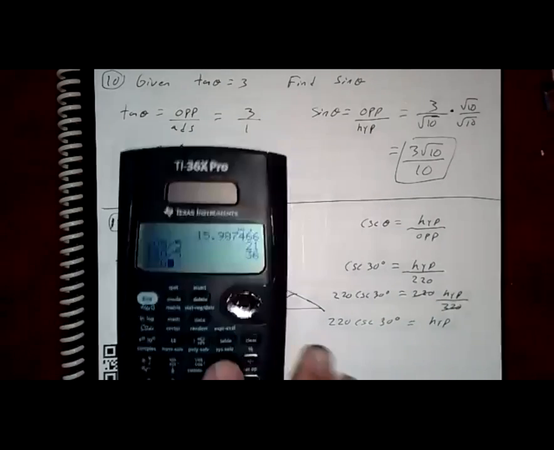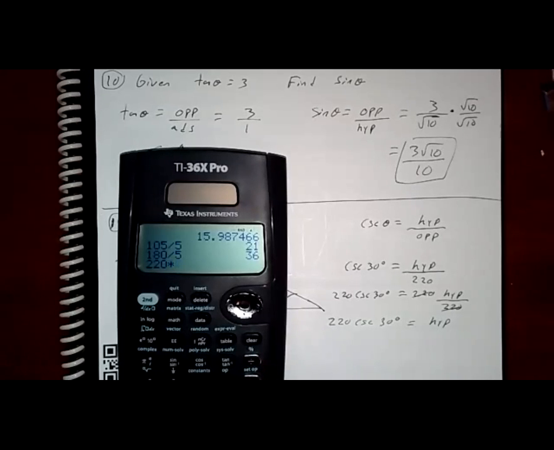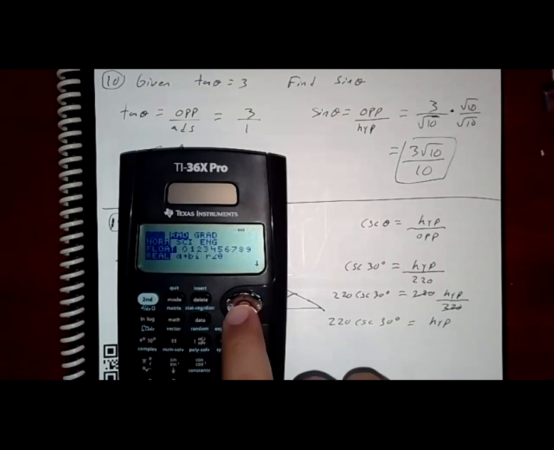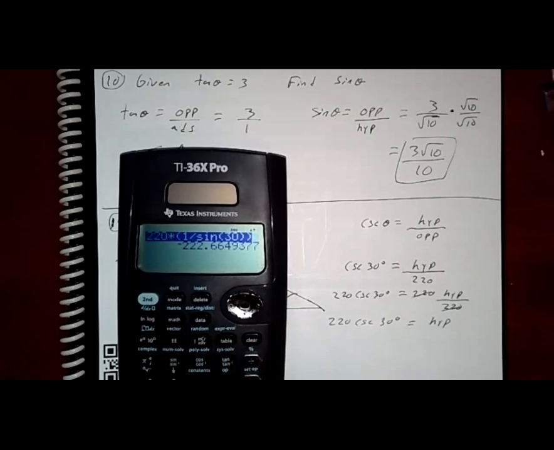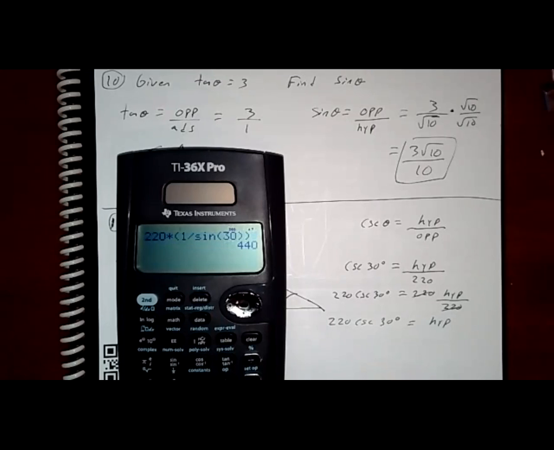220 times, there is no cosecant button, so you would have to do 1 over sine. To be careful, I'm going to do 1 divided by sine of 30. So put my parentheses and I should be good. Oops, am I in degrees? I am not. Switch back. Do it again.